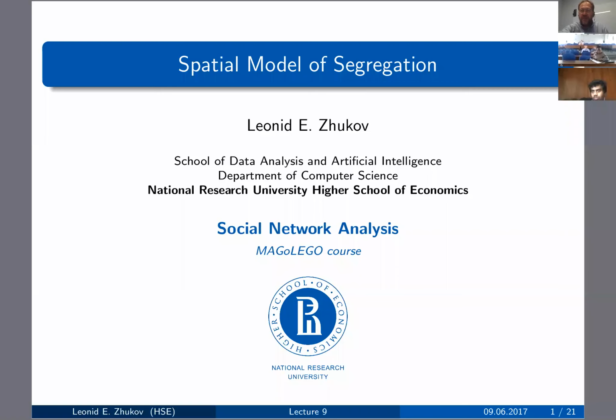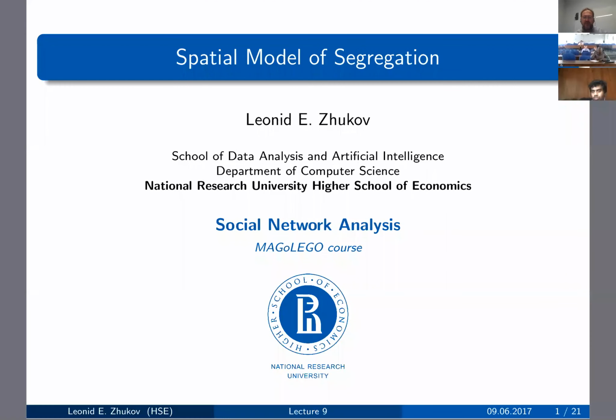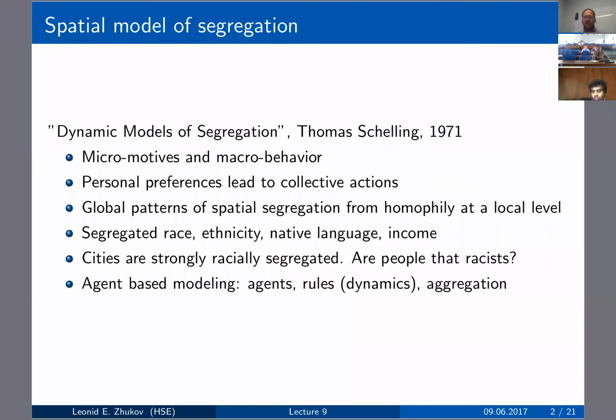All right, guys. So this is our last lecture in the course, and the topic will be spatial model of segregation. So let's just jump into it and discuss what it is and how it is connected to network science, and look what we can do.